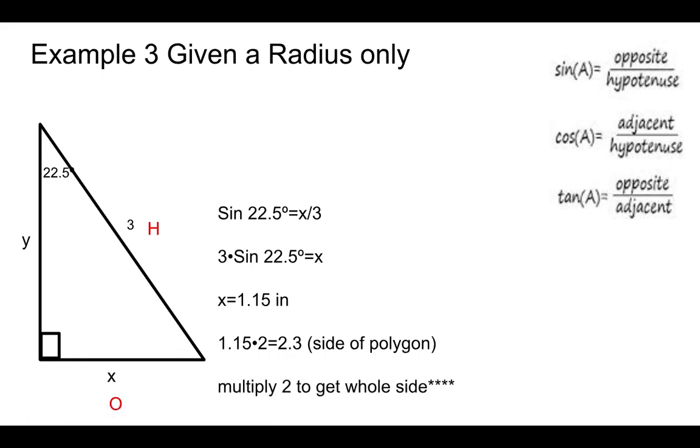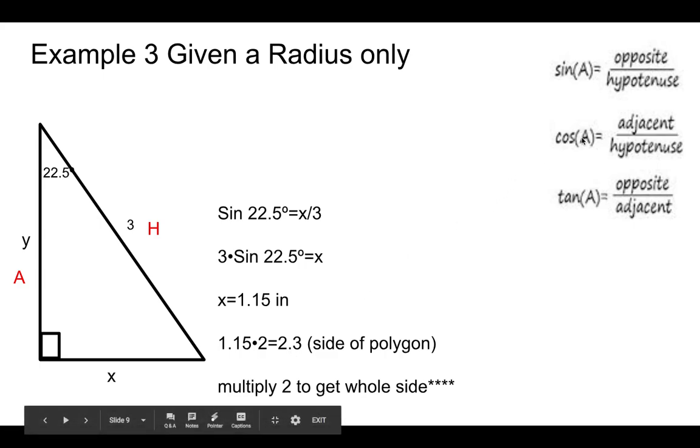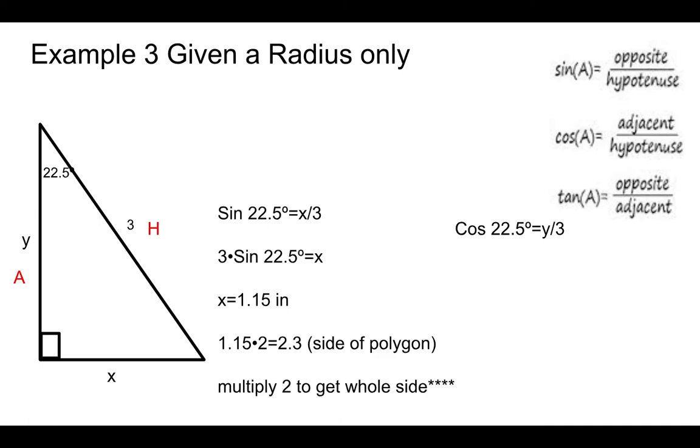Alright, now we're going to go after the y. That's going to be adjacent and hypotenuse, so that is cosine. We'll do cosine 22.5 equals y over 3. Multiply by 3 on both sides: 3 times cosine 22.5 equals y. Y equals 2.77 inches, and that's our apothem, the height of that triangle.